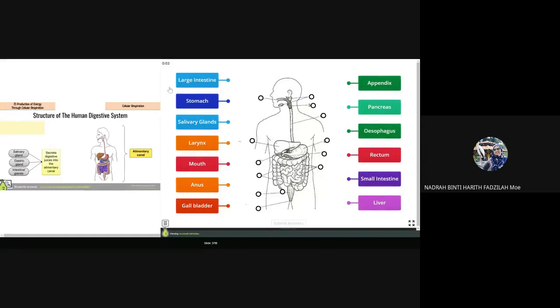So can you access this? Okay ke? Sebab saya tengok tak ada result lagi kan? Can you access this? Boleh? Boleh cikgu. Okay, teruskan. Sorry. Fokus. Teruskan.